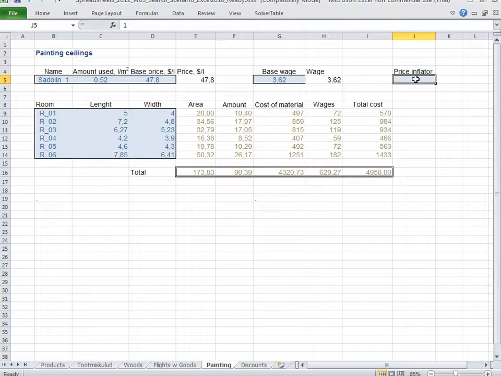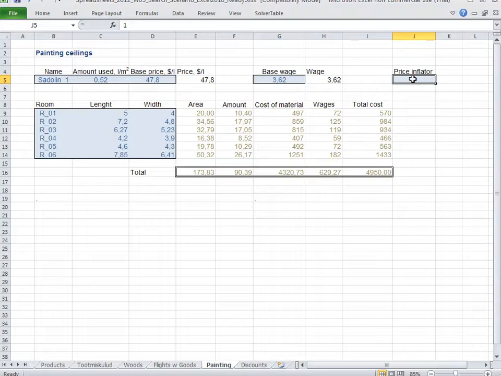When we raise this inflation, we've taken the price of the paint and the wage that we're paying for that worker, and now we're not using them directly, but we have calculated a current price which takes the initial price and, if necessary, makes it bigger by inflation, and the current wage which takes the initial wage and makes it again bigger by inflation.